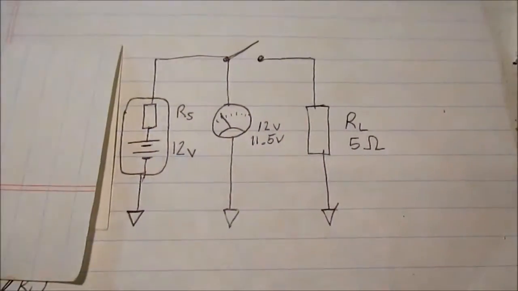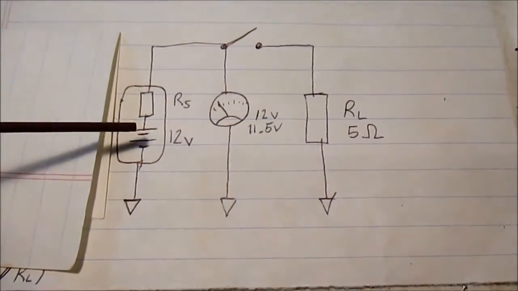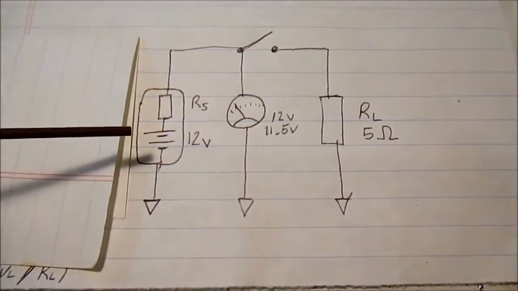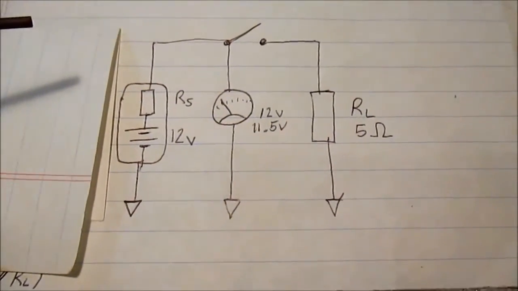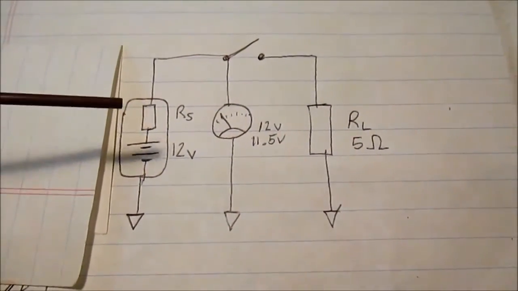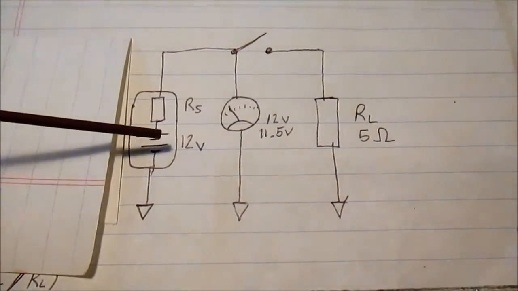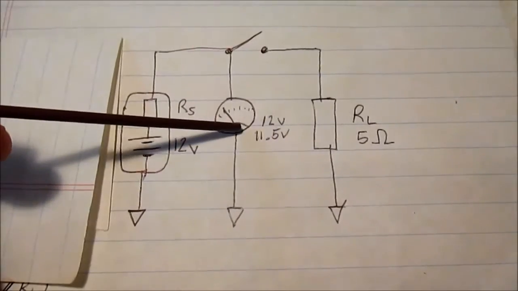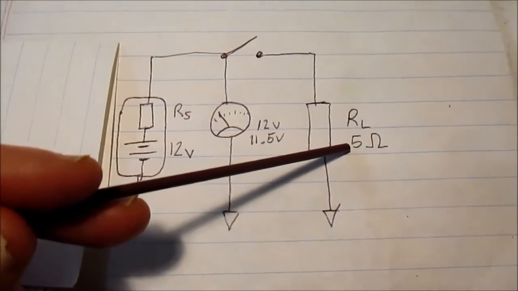Okay, I have an example circuit set up with actual values, and we'll come up with the formula and everything to calculate it. So we have a 12 volt voltage source, and we have the meter connected and a 5 ohm resistor.